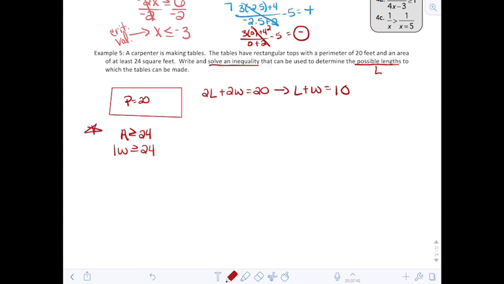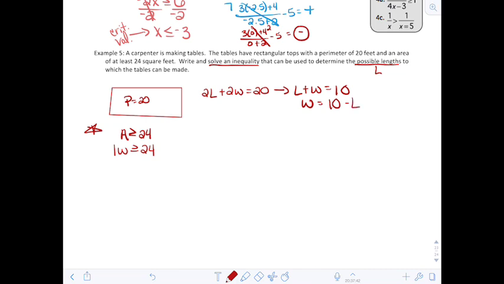Sorry about that. Okay, so if I am determining lengths, I need an L. I'm sorry, I want the width in terms of length so that I can plug that in. So width is going to equal 10 minus the length.